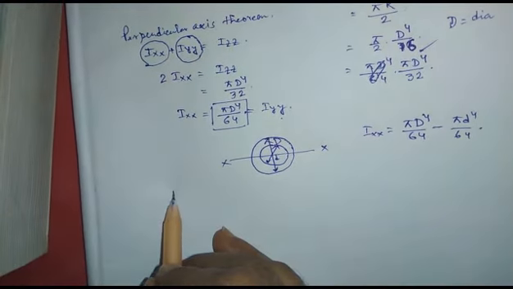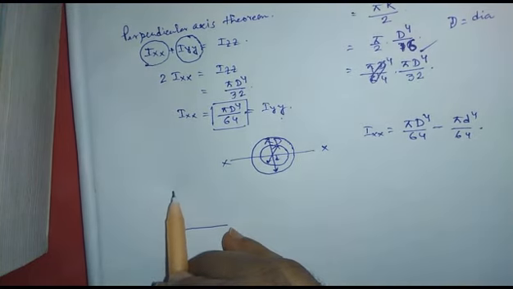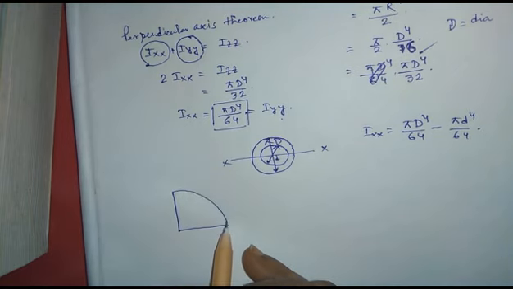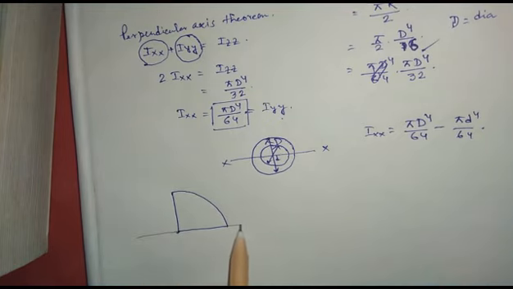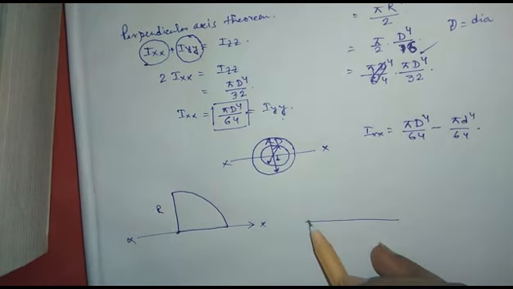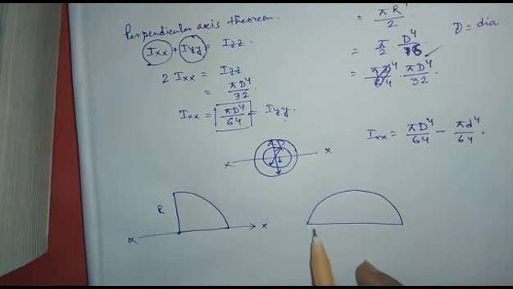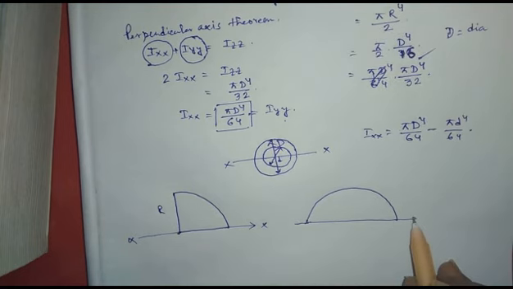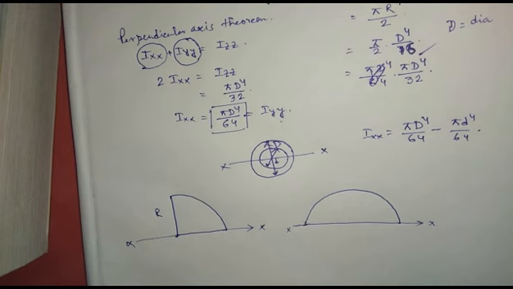Now in the same manner, I am leaving it upon you to find out what will be the moment of inertia of a quarter circle about, say, this axis. Say this radius is r. And what will be the moment of inertia of the semicircle about the axis of x?